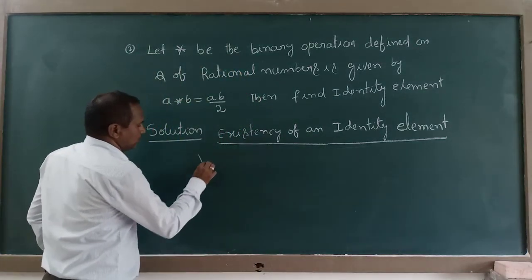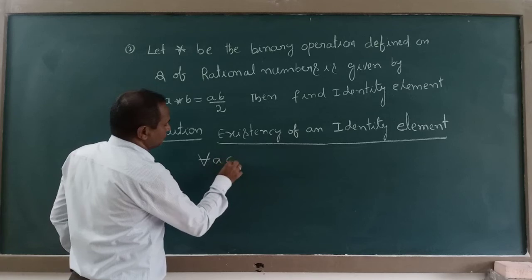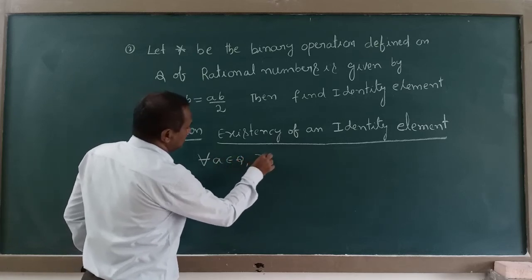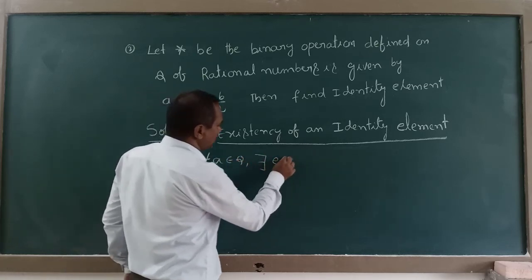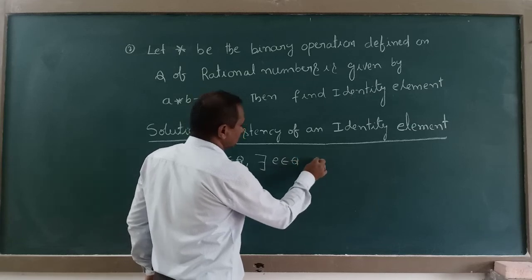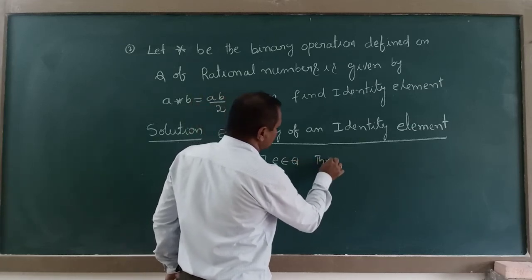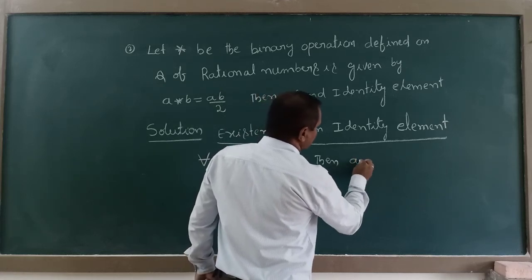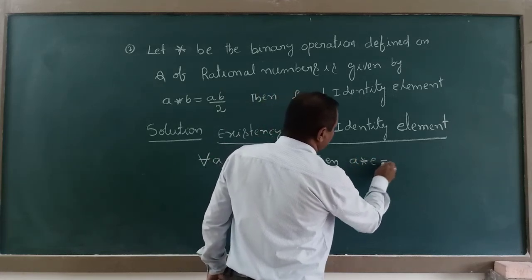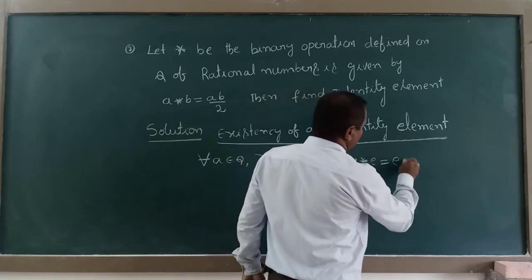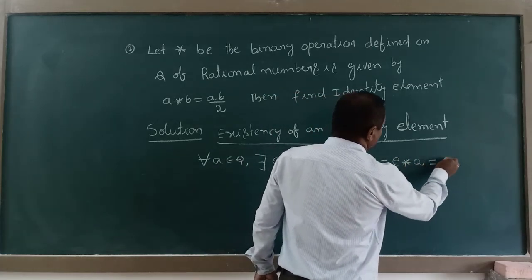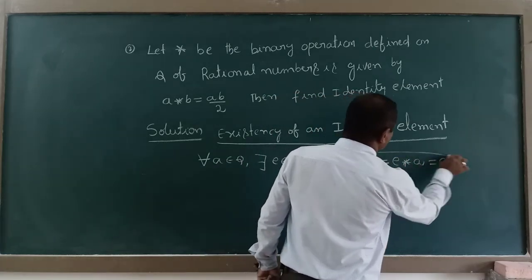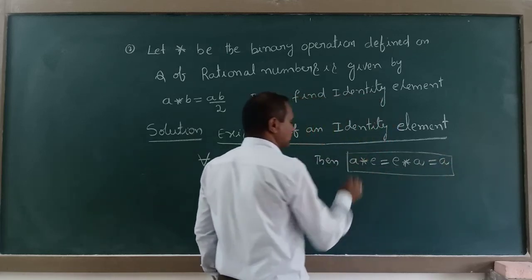For all A belongs to Q, there exists E belongs to Q such that this formula should hold. That is, A star E is equal to E star A is equal to A. This formula must hold for the given operation.